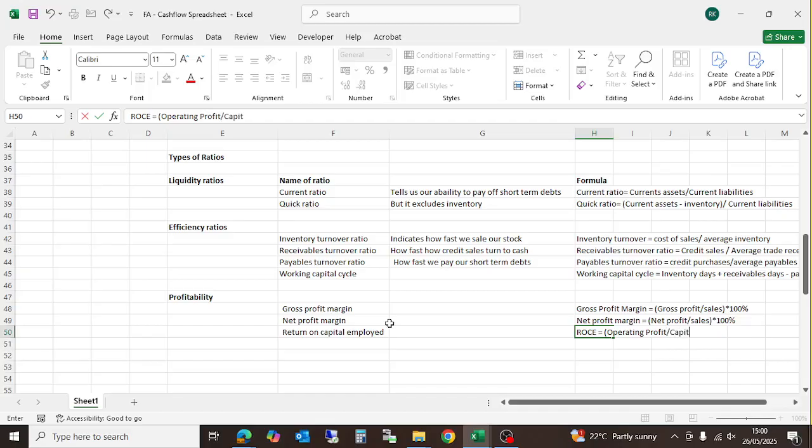I have to show you how to find the capital employed as well. And then we multiply everything by 100. The operating profit divided by the capital employed multiplied by 100%. That's the formula for the return on capital employed.